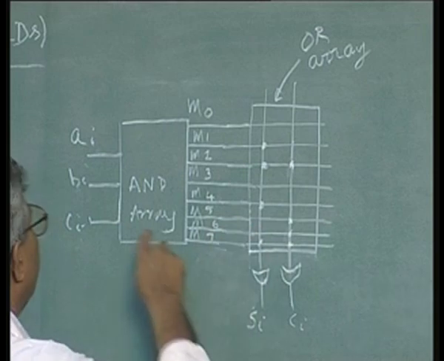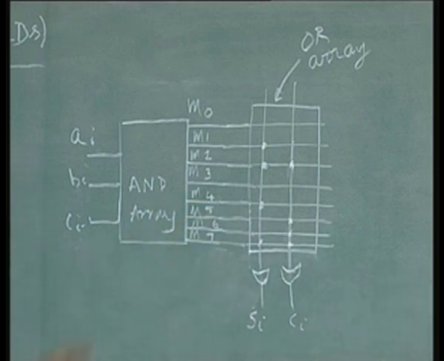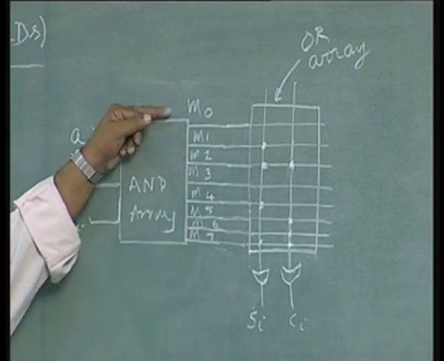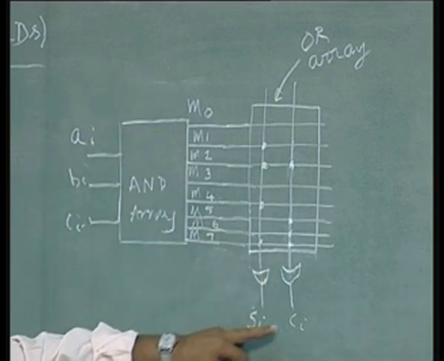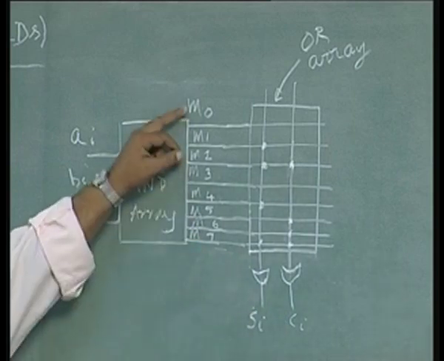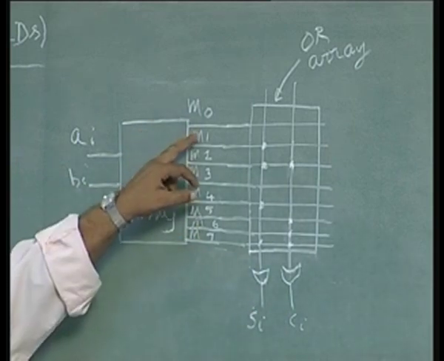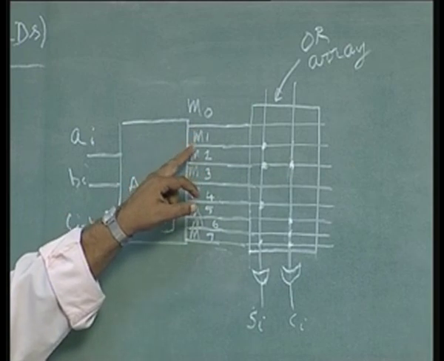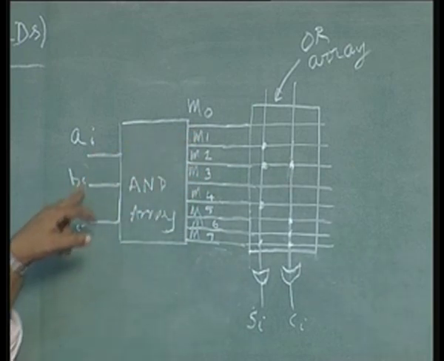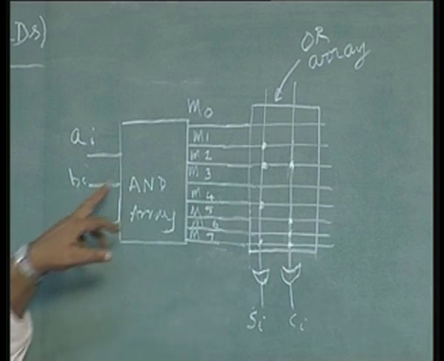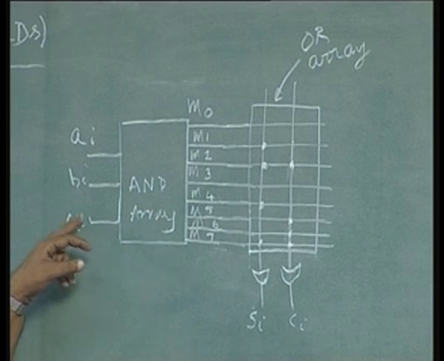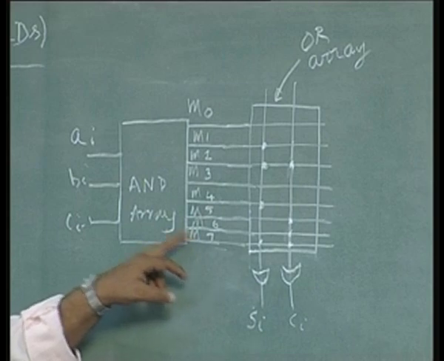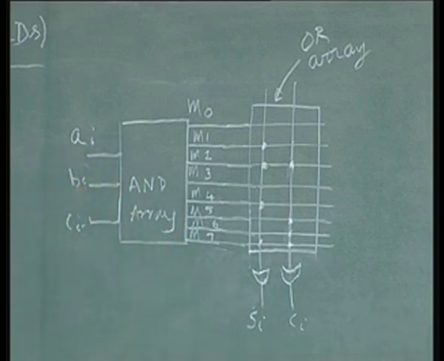So, with this array of AND gates, we are generating the minterms M0 to M7, and with this array of OR gates, we are generating Si and Ci, which are functions of the minterms M0 to M7, and these minterms are the combinations of A, B and Ci minus 1 in this case. For example, we know that M0 is nothing but A bar, B bar, Ci minus 1 bar, M1 is A bar, B bar, Ci minus 1, M7 is for example A, B, Ci minus 1.